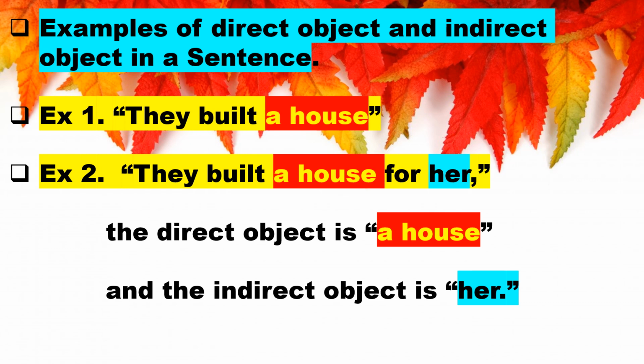Here too, a house is the direct object. Then what about her? Her seems to be the indirect object here. But in the previous slide, we have seen that indirect object precedes the direct object. But there may be exceptional cases like this. Hope it is clear.